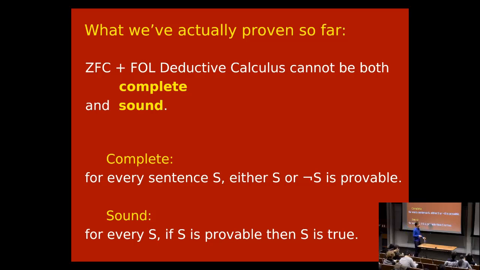Or it cannot be sound. Sound means for every statement S, if you can prove it, then it's actually true. So it doesn't prove any false things. And generally, we strongly believe that ZFC and the deductive calculus are sound, so it pretty much means that ZFC and the deductive calculus are incomplete. There are some true statements that cannot be proven.